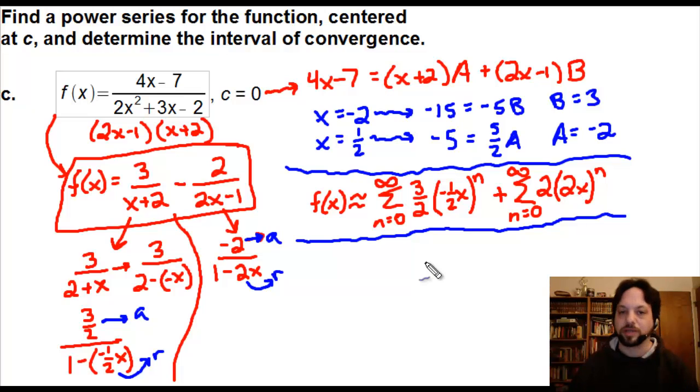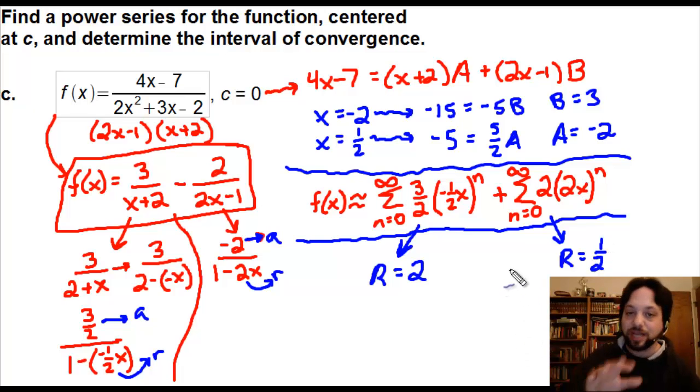Alright, so if you did pause the video, hopefully you do now know the correct interval of convergence. I will tell you, without showing all the work, that the radius of convergence for this part right here is actually 2, while the radius of convergence here is actually 1/2. Now, that's not saying whether the 2 or the 1/2 are actually in their intervals.